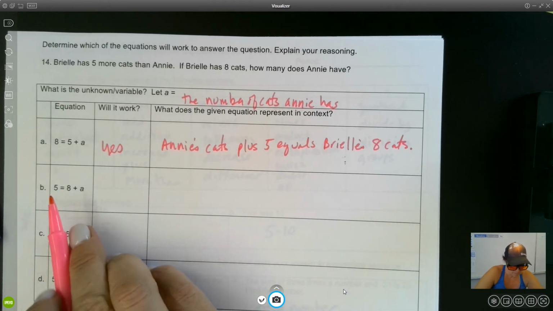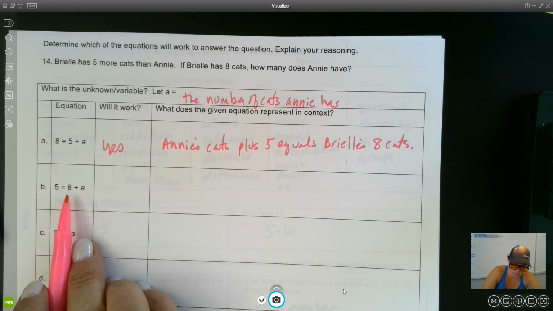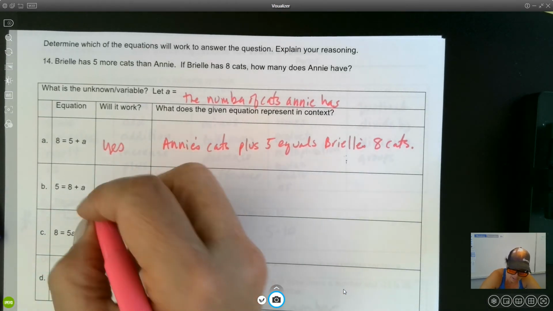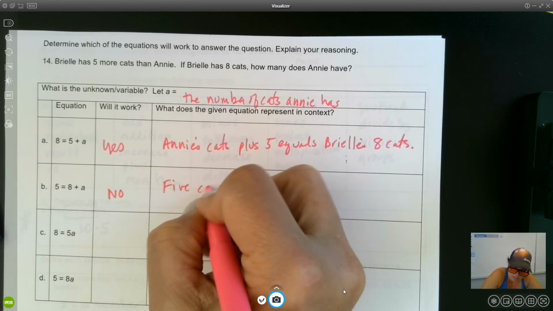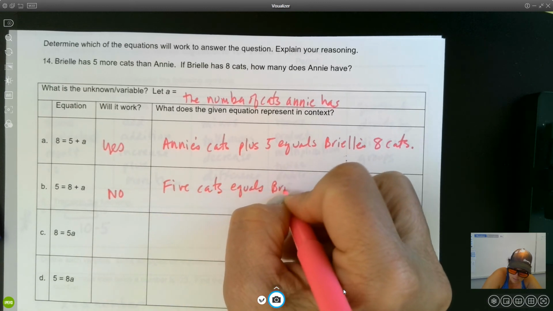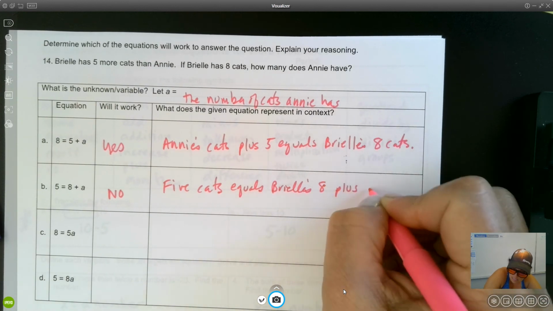All right, this guy: 5 cats equals 8 cats plus Annie's cats? No, Annie would have to have negative cats. 5 cats equals Brielle's 8 plus Annie's cats.